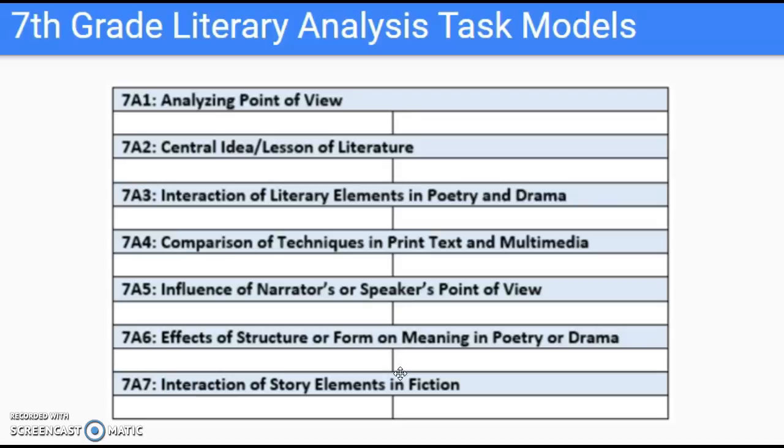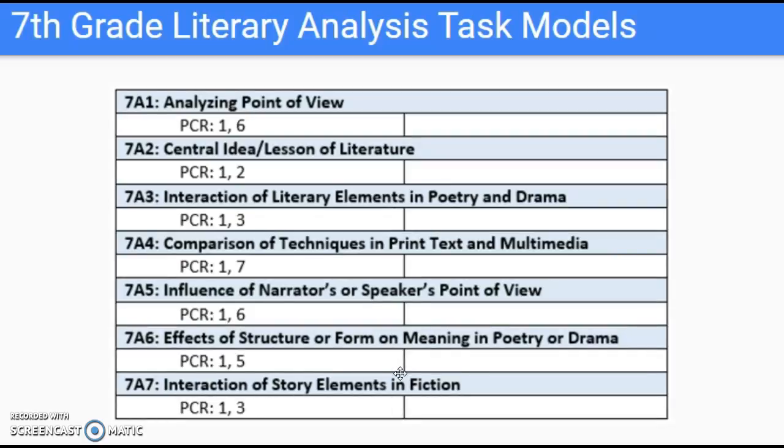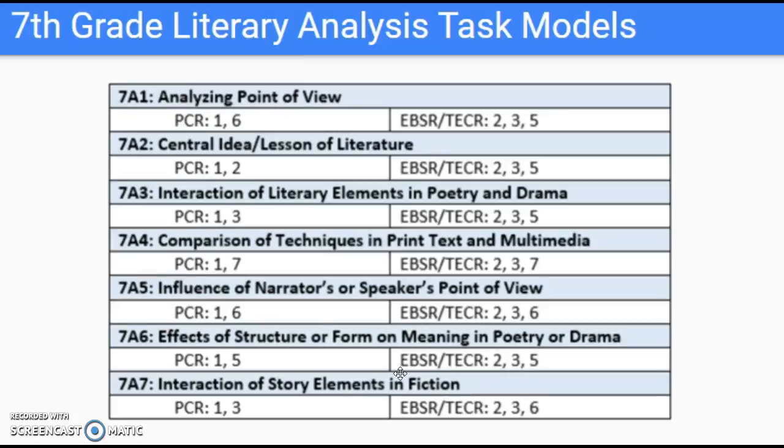For example, there are 7 forms for the 7th grade literary analysis task. Each form has a different focus. The prose constructed response items assess a different standard with each focus, and the EBSR and TECR items vary slightly with each focus.